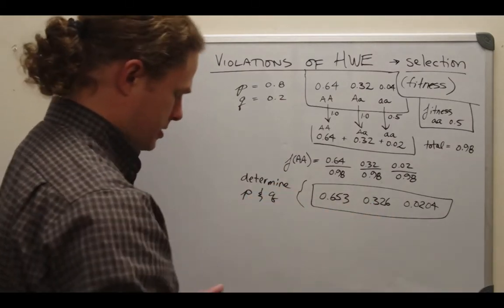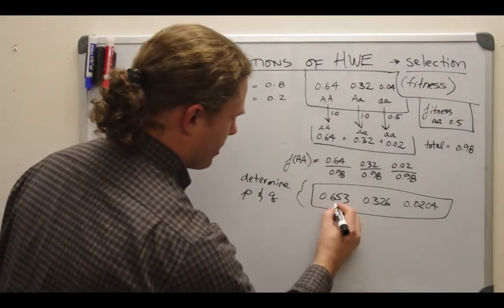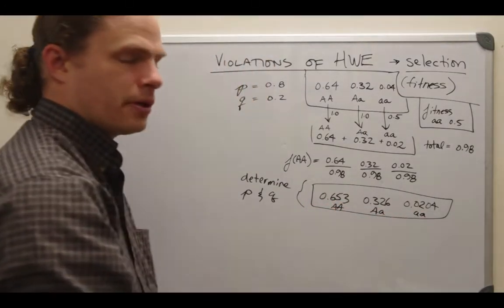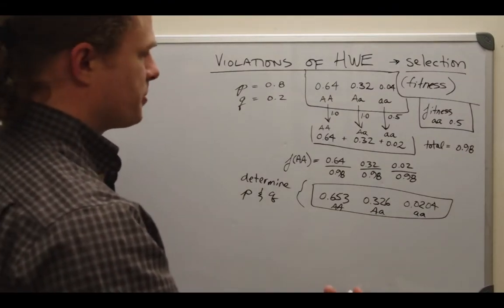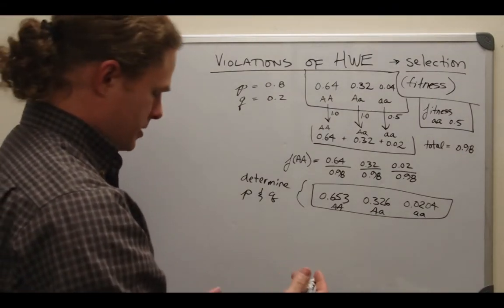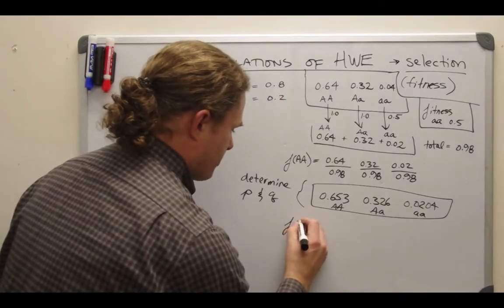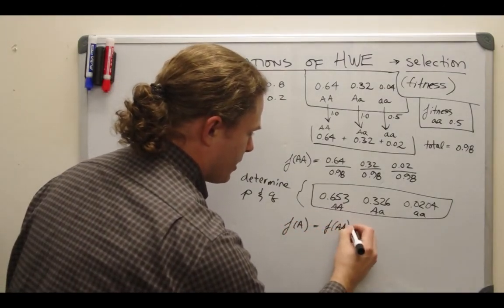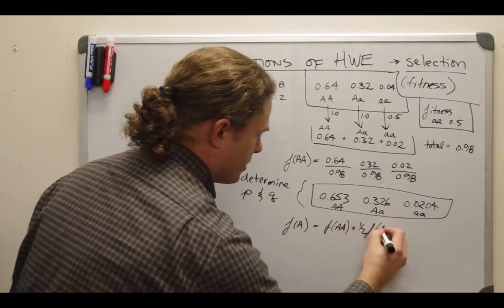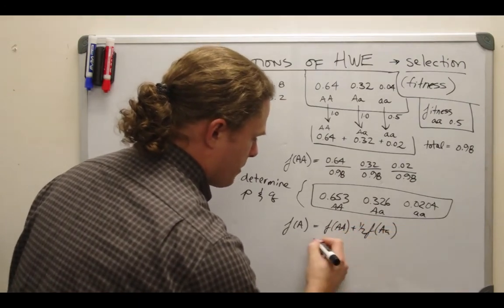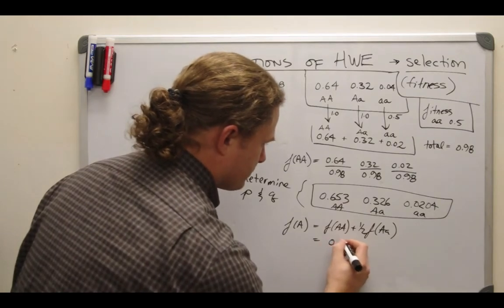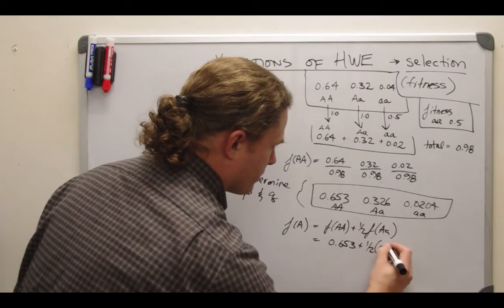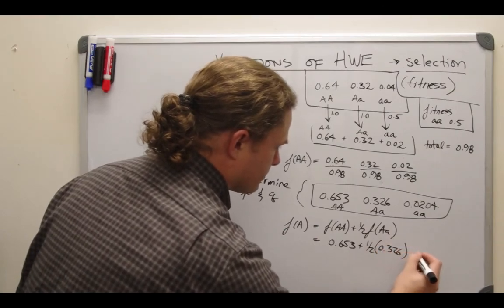So simply based on this, if that's the frequency of the big A class, heterozygotes, and little a class, we can use the same principles that we've used prior to calculate allele frequencies. So the frequency of the big A allele is the frequency of the big A class plus 1/2 the frequency of the heterozygous class, which is, in this case, 0.653 plus 1/2 times 0.326.